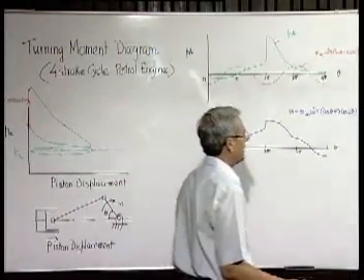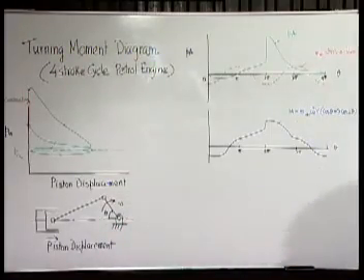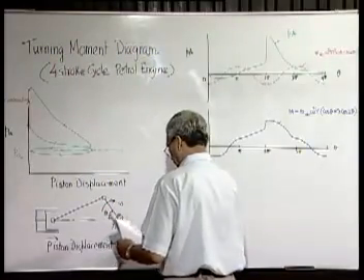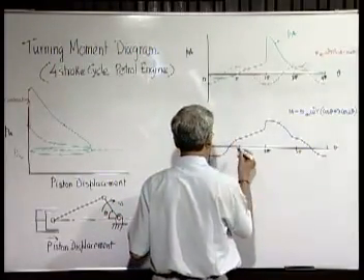Now we have to multiply this by R into this quantity. How does this quantity change? That quantity changes in this form.